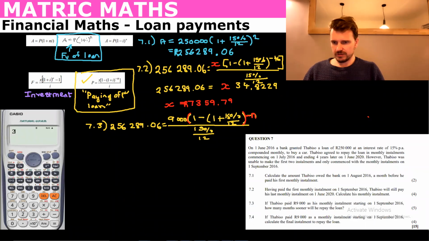We're going to say 256,289.06. And then we're on a new question, so I'm not going to use 0625. And I'm going to divide by, now, I'm going to use this bracket symbol. At the top, we have a 9,000. And at the bottom, we have a 15% over 12. So I can just make that 15% over 12.